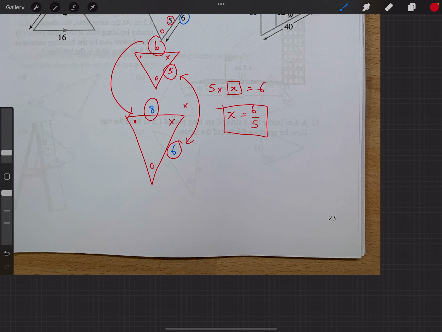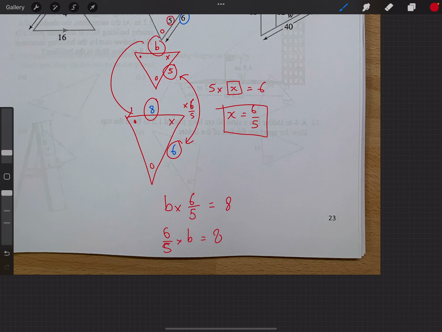That means we multiply any length by 6 over 5 from the small one to get to the big one. So b must be multiplied by the scale factor 6 on 5, and that'll give you the 8. How do we find b? Let's think of this as an equation: 6 over 5 times b is equal to 8.